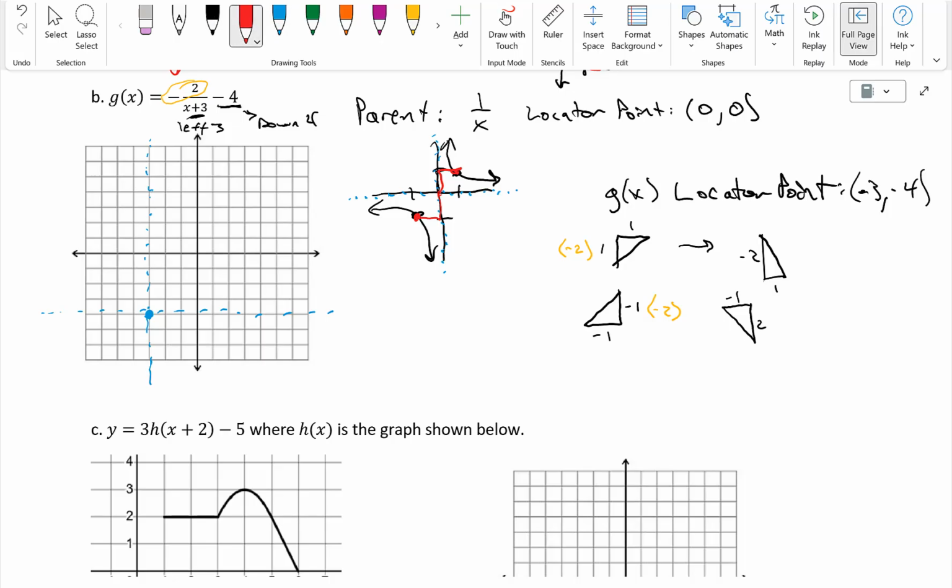We're going to go down 2, right 1, and we're going to go up 2, left 1. Right, we'll follow those slope triangles. And then we can draw in our graph through those points along our curves, right, along those asymptotes. And we can see that reflection of the original graph right over the x-axis with the negative there.